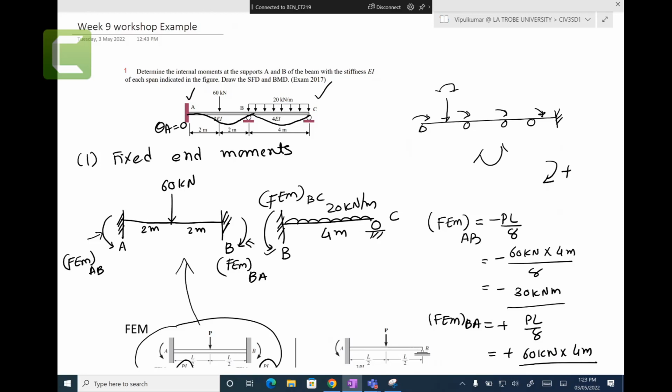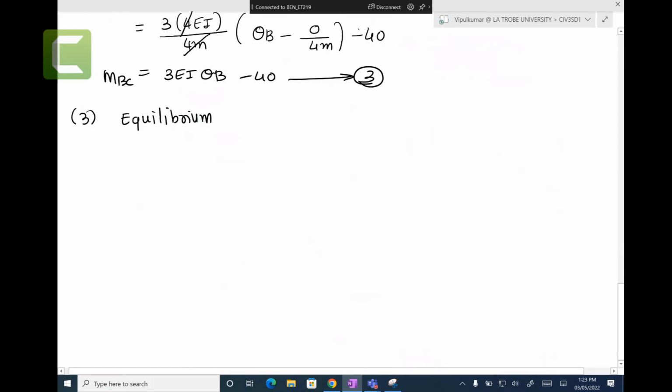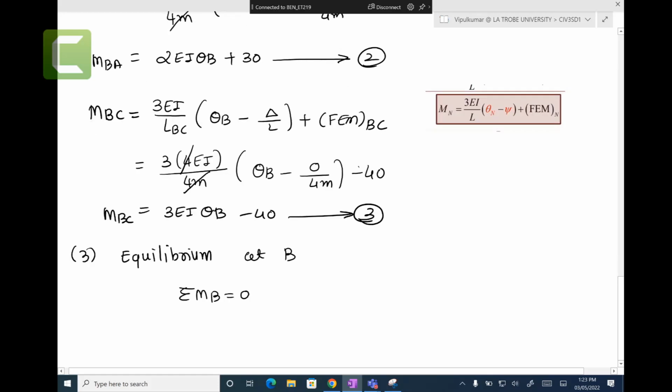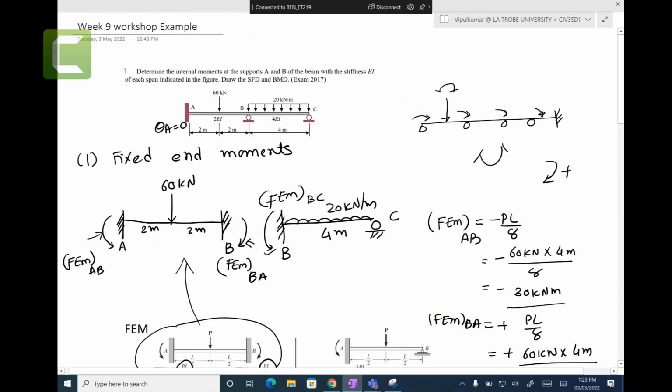So equilibrium at B, not A or C. We just have to have equilibrium at B. Like in the force method we have compatibility conditions, here in the displacement method we have equilibrium conditions. So equilibrium at B: sum of the moments at B equals 0. Look at the diagrams. In the diagrams, we have moment MAB, moment MBA and moment MBC.